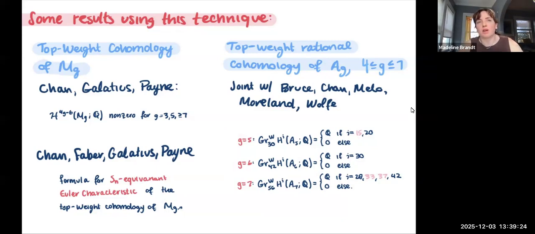But yeah, the take-home message here is that there's been a lot of recent activity in looking at tropical moduli spaces and trying to use them to compute something about the corresponding classical moduli space. Maybe I'll pause here if there's questions.